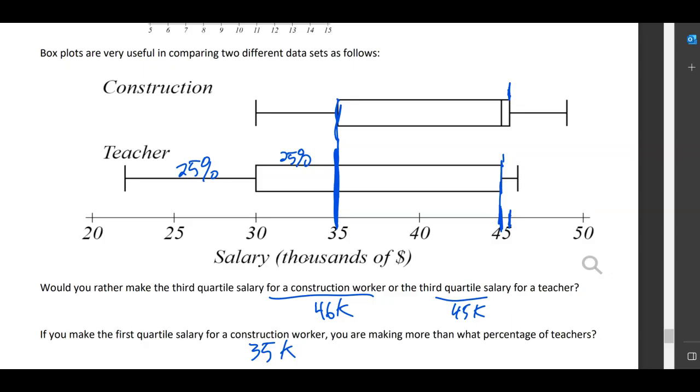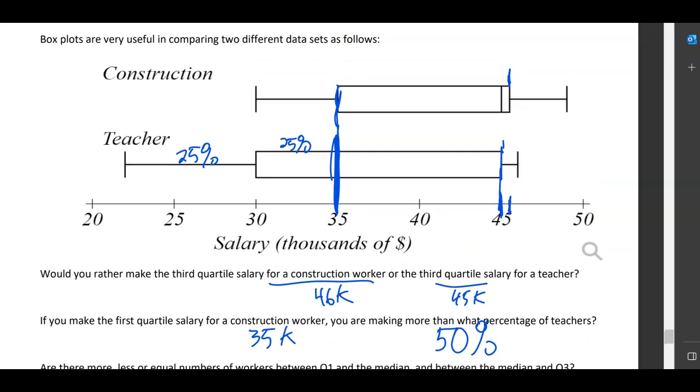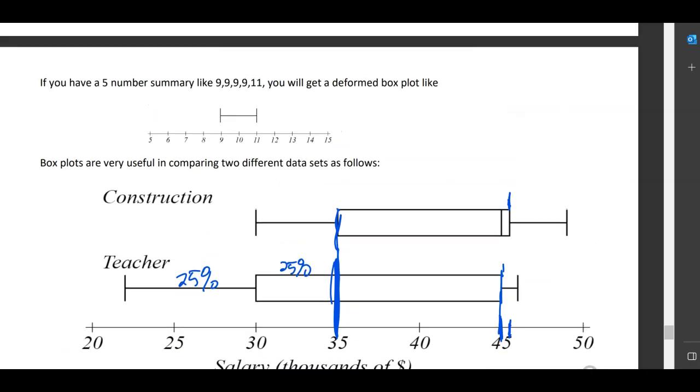So this value is bigger than 50% of the teachers. So the box plots are subdividing 25%, 25%, 25%, 25%. A whole bunch of people are stuck in that range of salary, 25%. There's the 100% of the people.